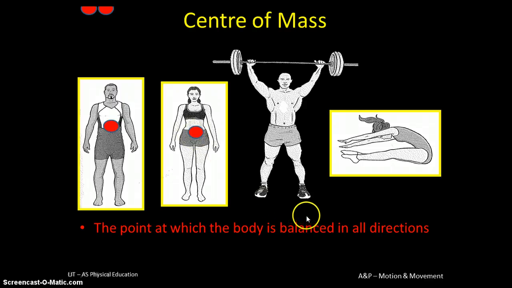Now, distribution of mass also applies to any objects being held. So this athlete here, because there's a rather large mass being held above his body, the distribution will be slightly different, and you can see from the red centre of mass blob that it's a little bit higher to account for this mass being held above head height.